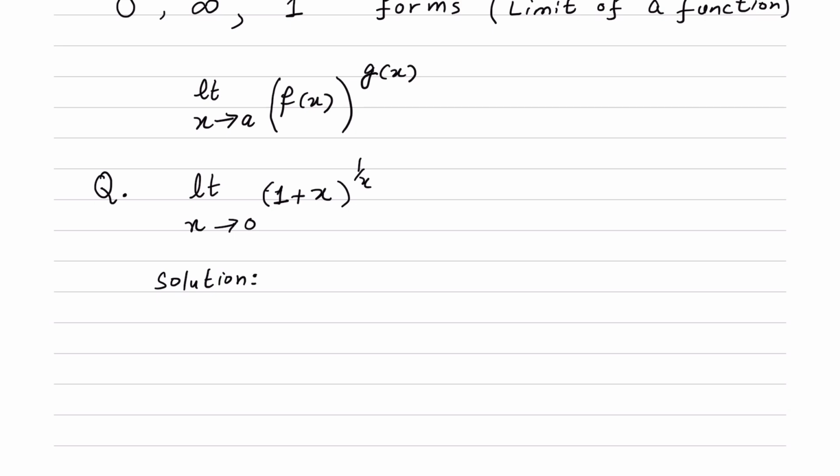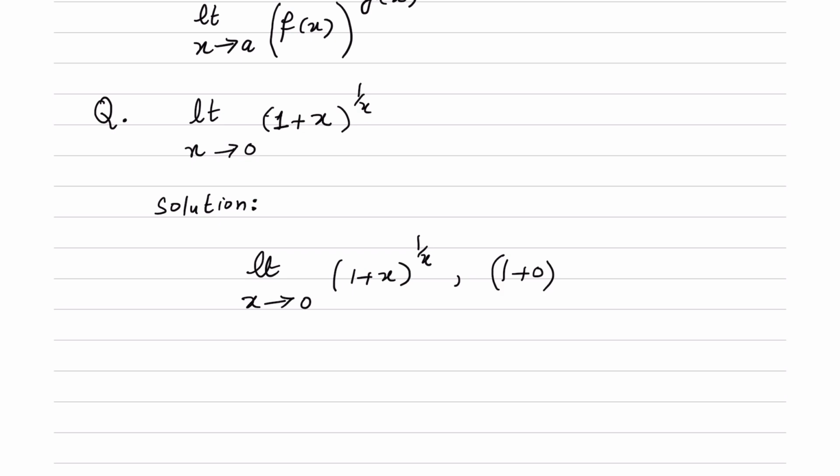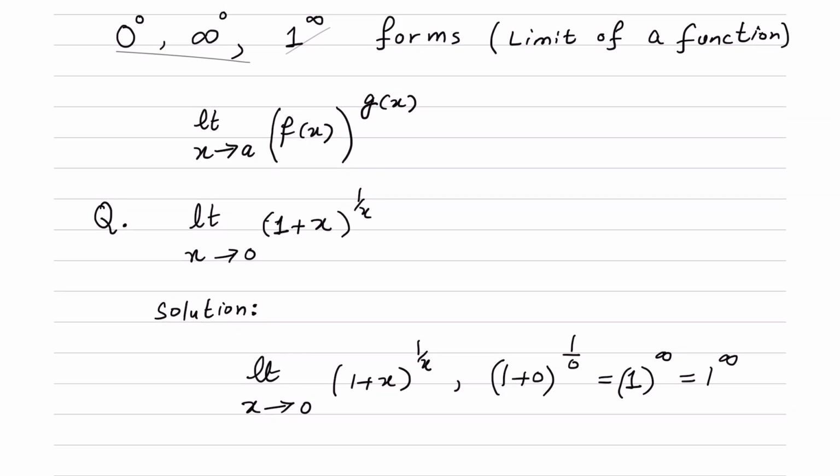Since every limit question begins by directly applying the limit, we can see that when we directly apply the limit on (1 plus x) to power 1 over x, we get 1 plus 0 to power 1 by 0. 1 to power 1 by 0 is 1 to power infinity form, which is an indeterminate form.